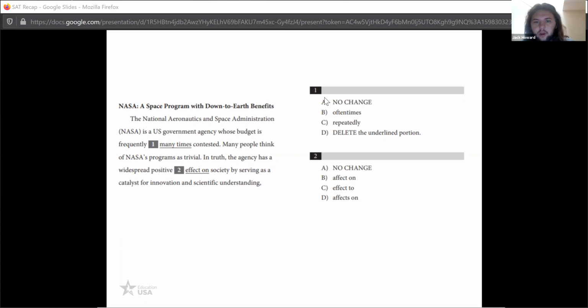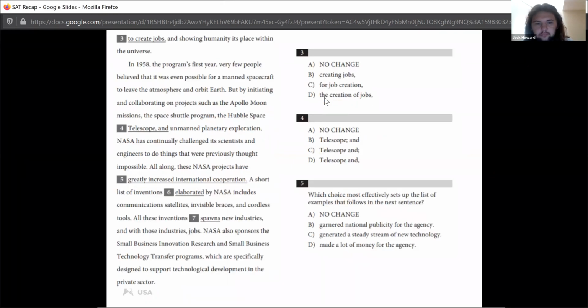Okay, let's get started on number 4. Okay, so I'm getting actually mixed answers on 4. Okay, so we're getting C and A on 4.